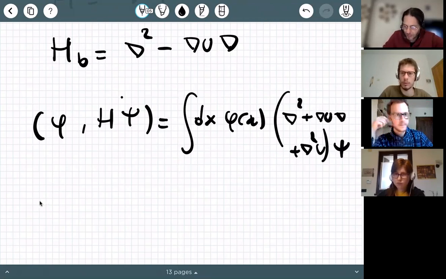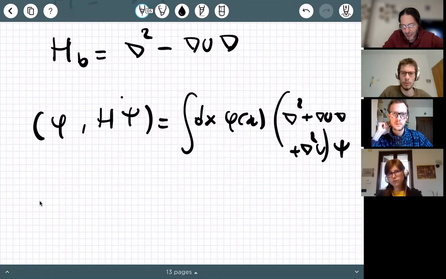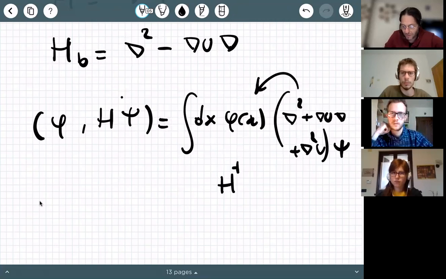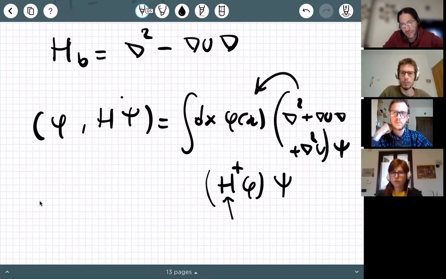Now, when I act by parts, normally, how do you try to relate this to the Hermitian conjugate? Well, basically, you act by parts, right? So that at the end, you will have some operator acting on phi and then psi. And you will identify whatever is here with the Hermitian conjugate, right?